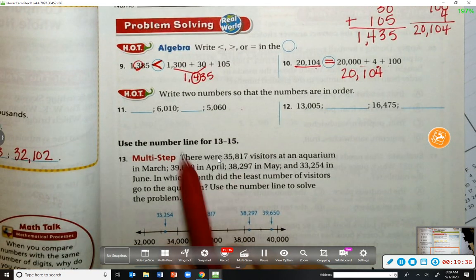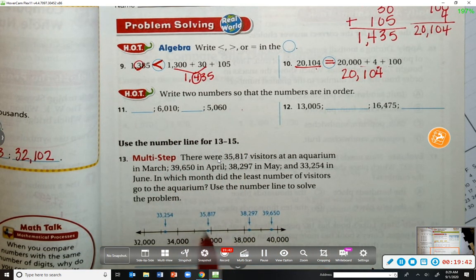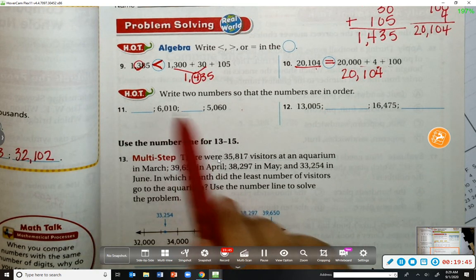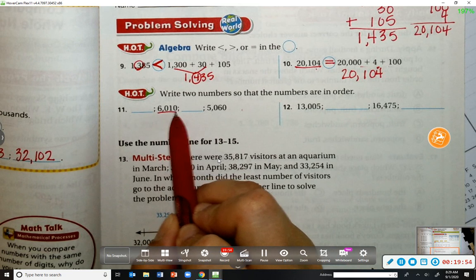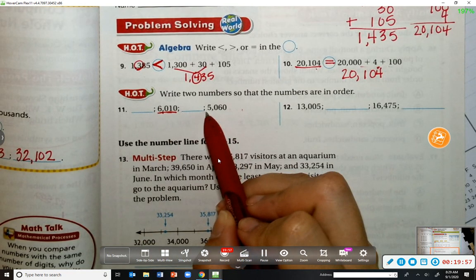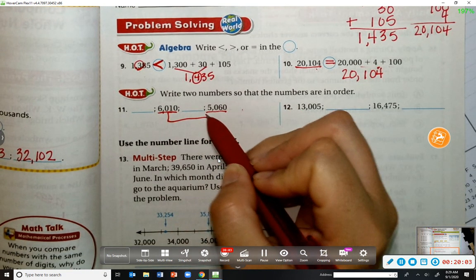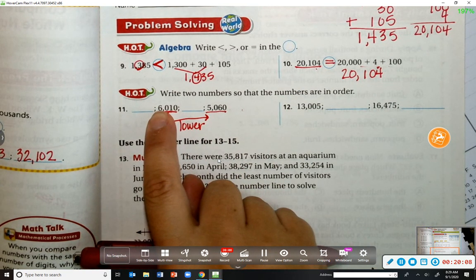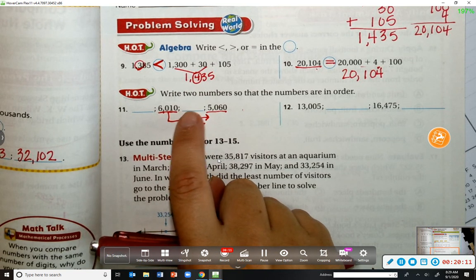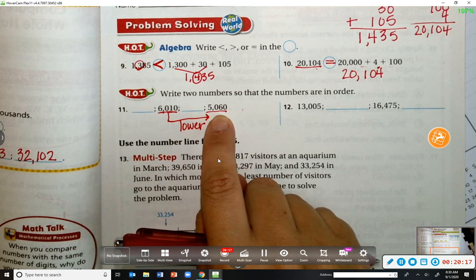Now last one. This is a challenging problem because you're having to fill in these blanks and figure out what order it's going in based off of just the two numbers they give you. Okay? Is it going least to greatest, or is it going greatest to least? Well, if I have 6,010 in the front and then 5,060 at the end, and what happened to get to this number? It got lower. So I know that the next number after 6,010 needs to be lower because the numbers are going from greatest to least.